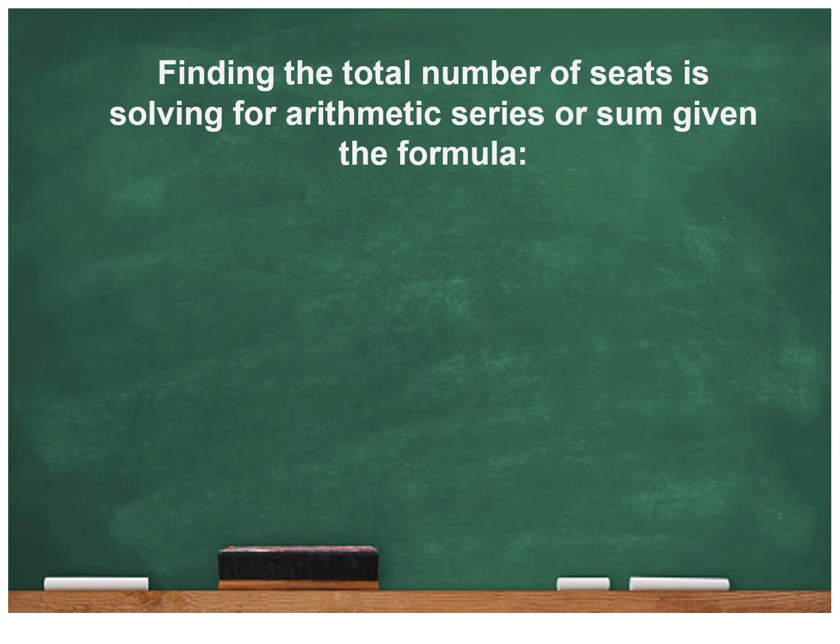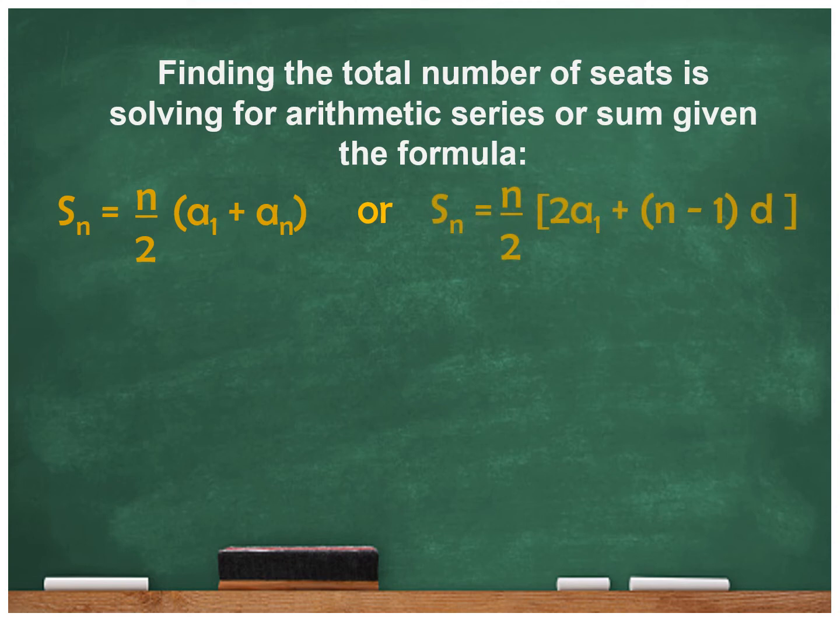The formula is S sub n, S for sum, equals n over 2 times the quantity a sub 1 plus a sub n, or S sub n equals n over 2 times the quantity 2 times a sub 1 plus n minus 1 times d.